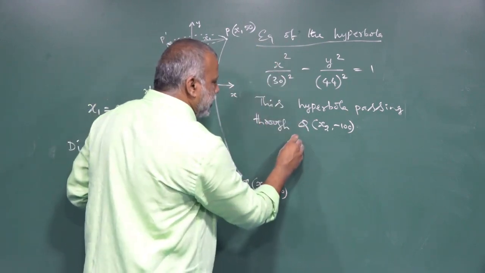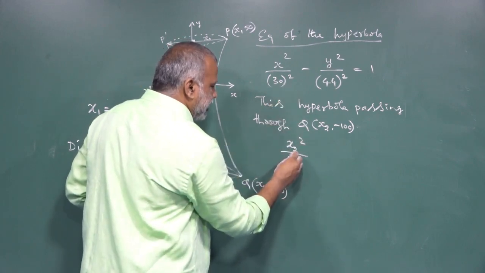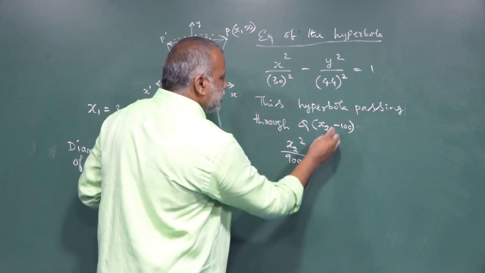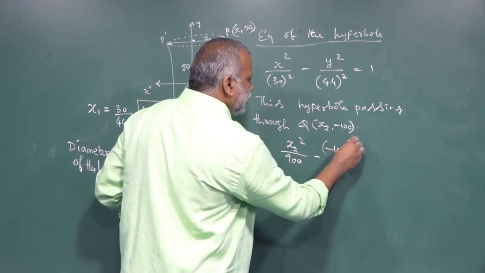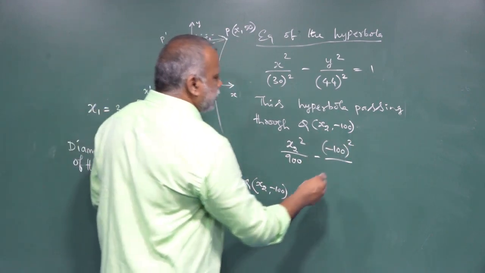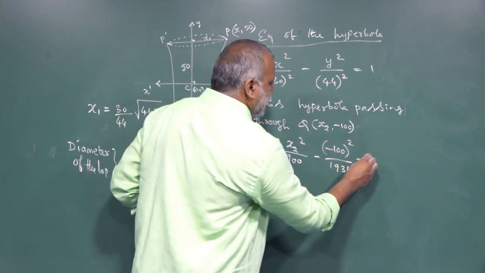This is x2 squared divided by 30 squared. What is the meaning of 30 squared? This is 900. Minus y, listen, minus 100 squared divided by 44 squared. Just now we worked out the value of 44 squared, I think 1936, again equal to 1.